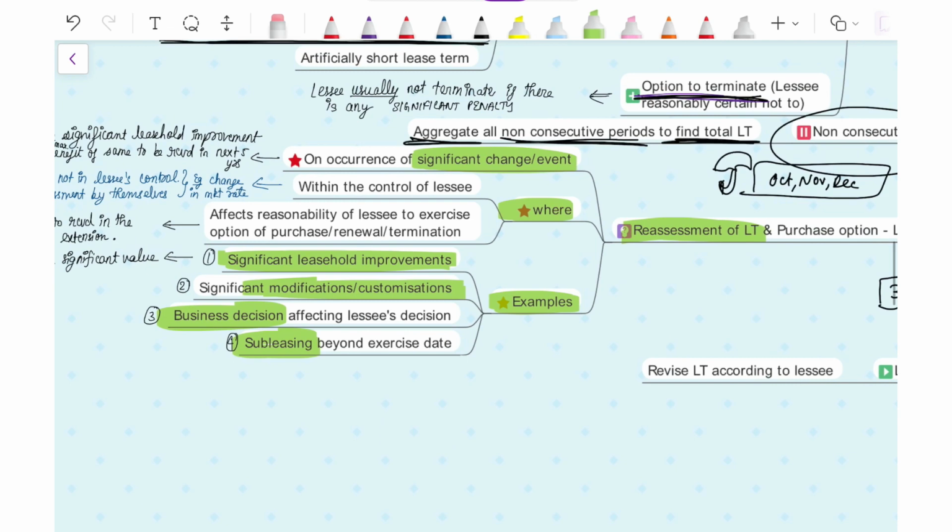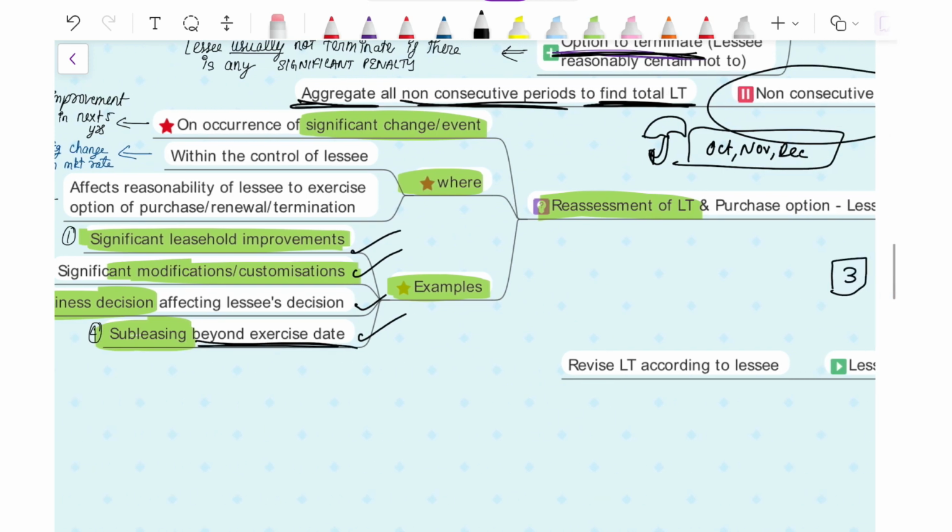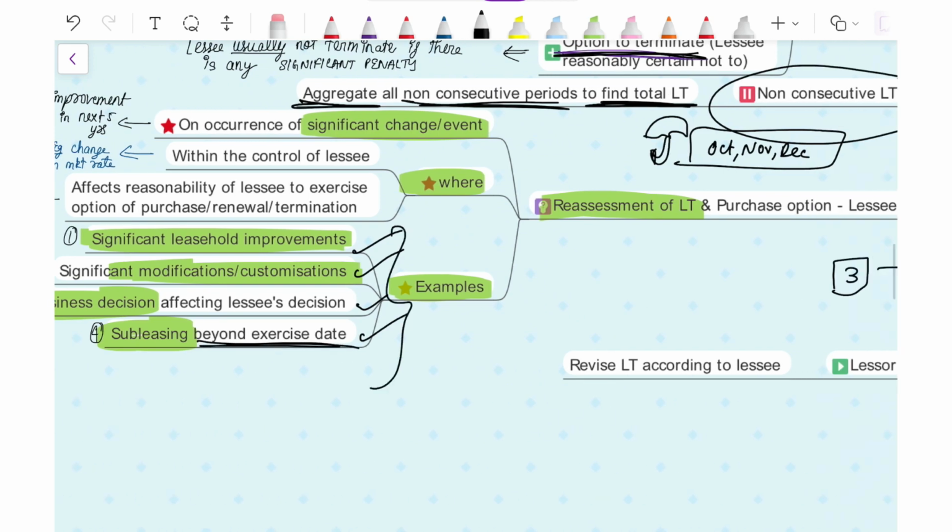That means in such a case also you can reassess your lease term. Any significant improvement, any customizations or modifications, any business decision affecting your lease term, or any subleasing beyond the exercise date, then in all such cases there might be a need to reassess your lease term.